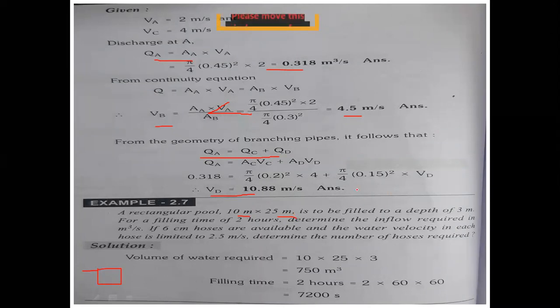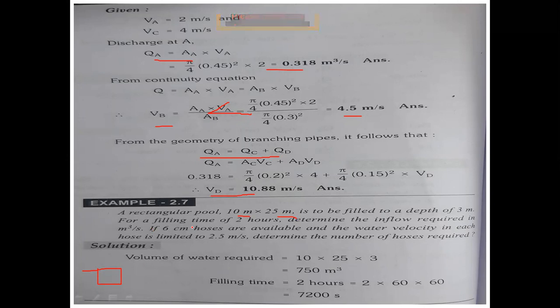Okay, now see what is the type of design here? The type of design is a swimming pool, which is of rectangular shape. Now see the given data. The volume of water required, in the rectangular pool, the area is volume. Now 10 into 25 into height, which is equal to 3.